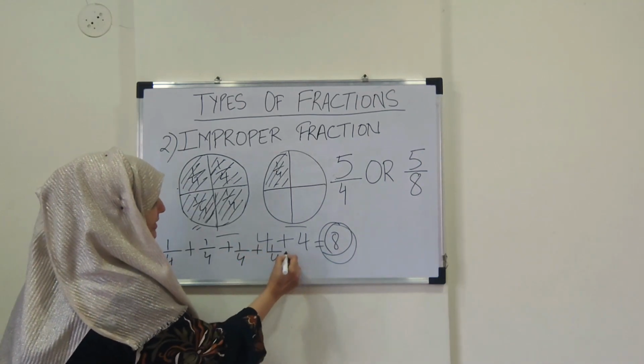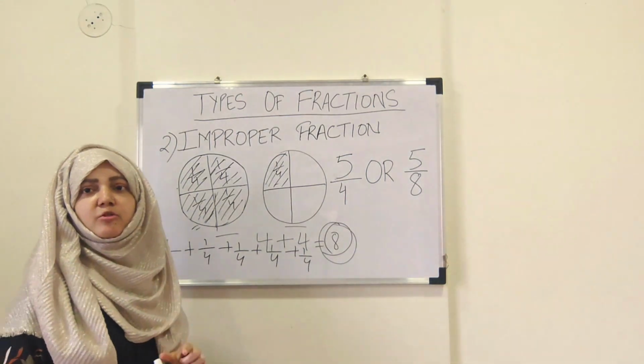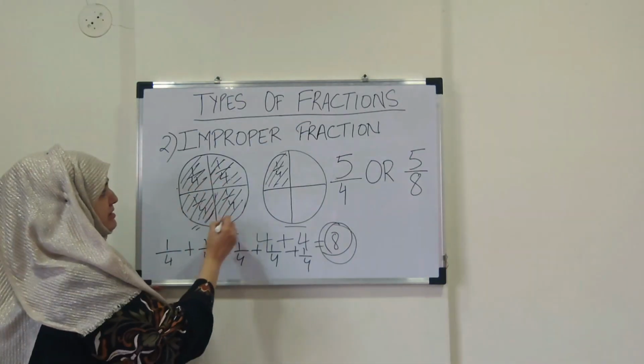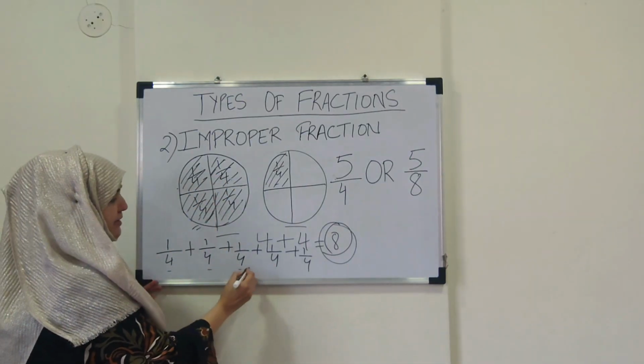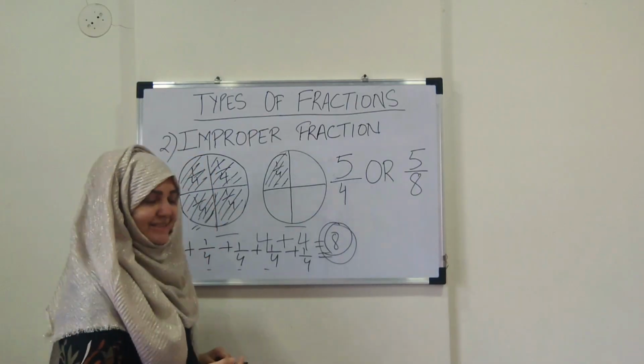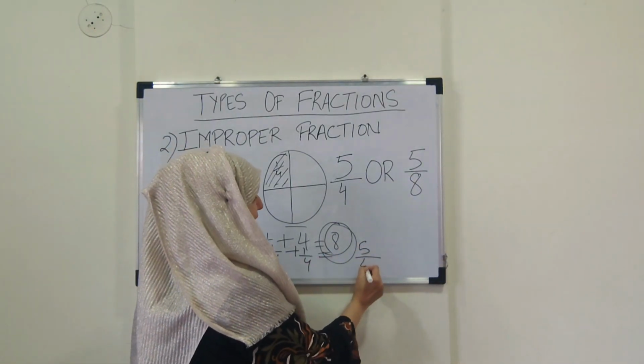We are going to add it 5 times because I have eaten 5 slices of 1 by 4th size each. So that means 4 slices, 1 by 4 from here and then 1 from here. So now when we add it, we will get 5 by 4, right?